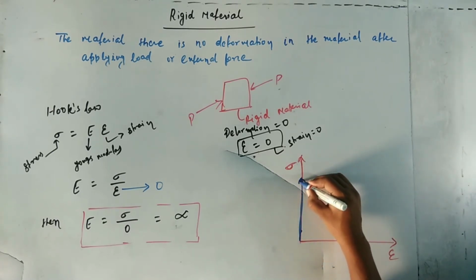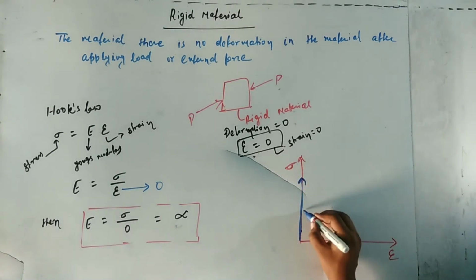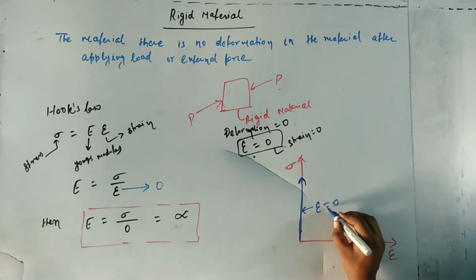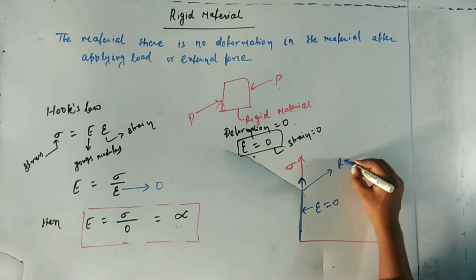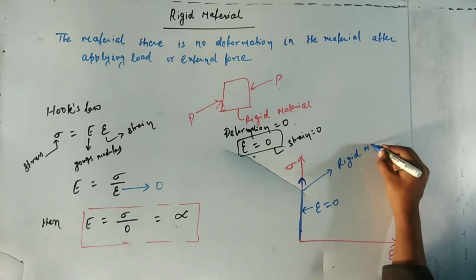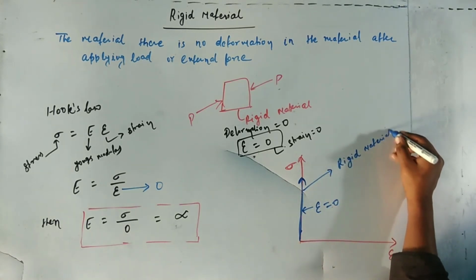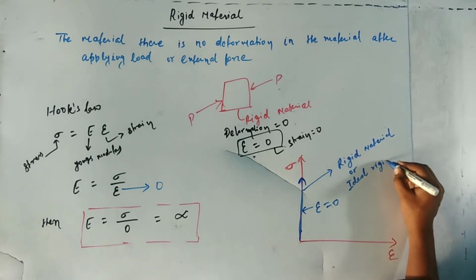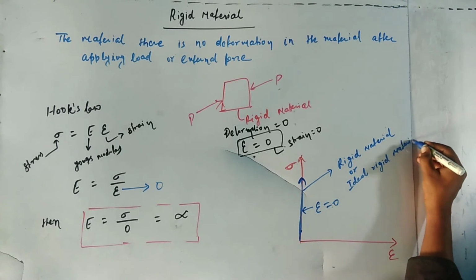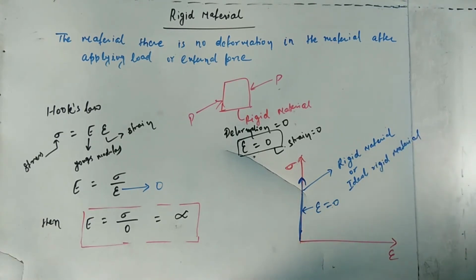When applying the load, a stress is produced in the material. With increasing stress, the epsilon is equal to 0. The stress is increasing in the graph, but epsilon stays equal to 0, and this type of graph is called the rigid material graph or ideal rigid material graph.